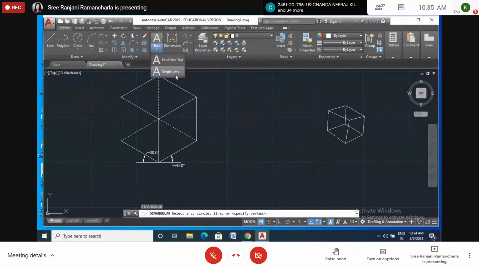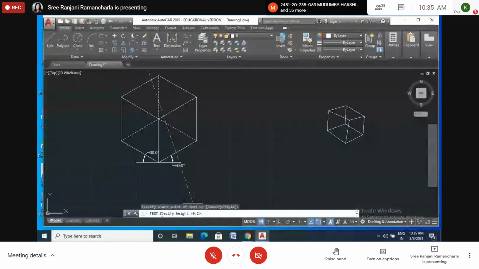If I take this as A, now here also we have to specify the height. In the last classes we have done, we'll take the height as 4. The angle is 0.